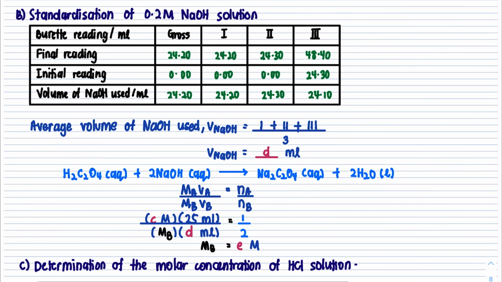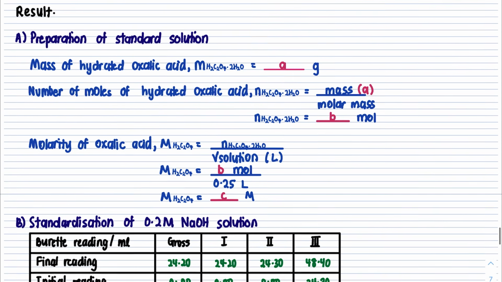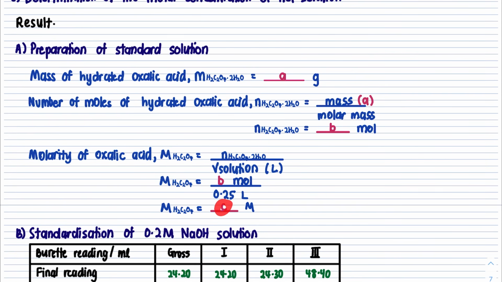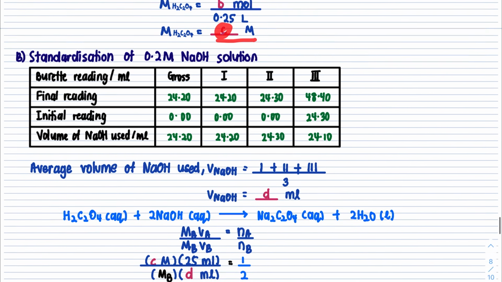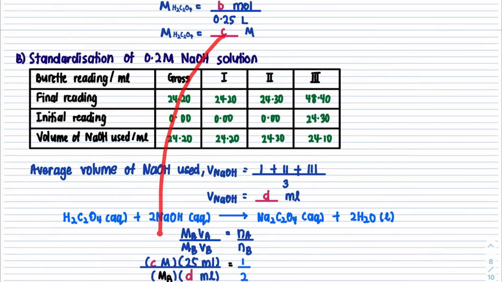For the concentration, again A stands for acid. A is the concentration which you have found out in procedure A. This one, you can include in the MA here. Volume is 25 ml. If you use volume A in ml, then volume B must be in ml.